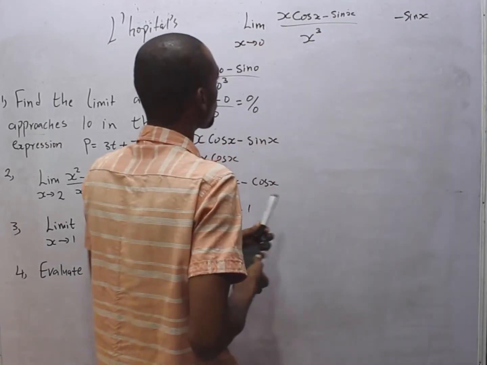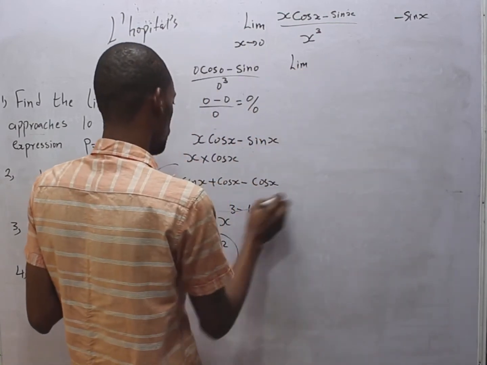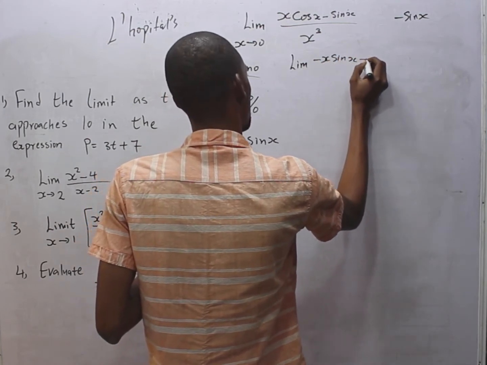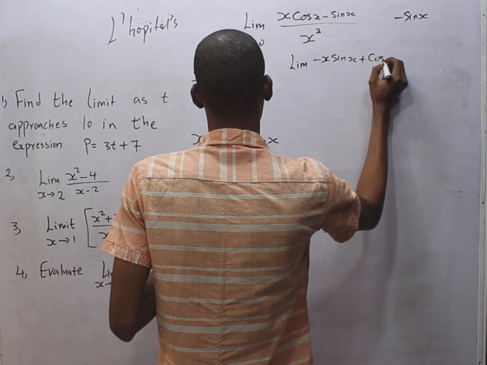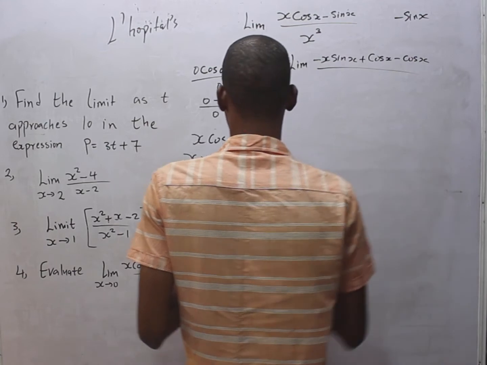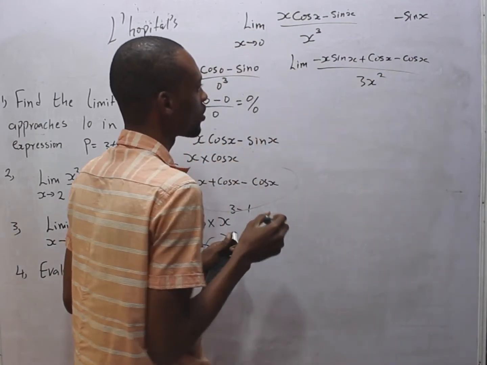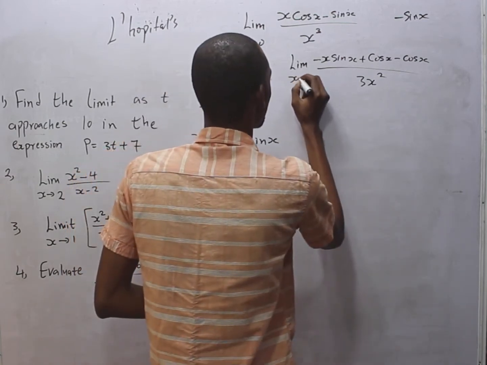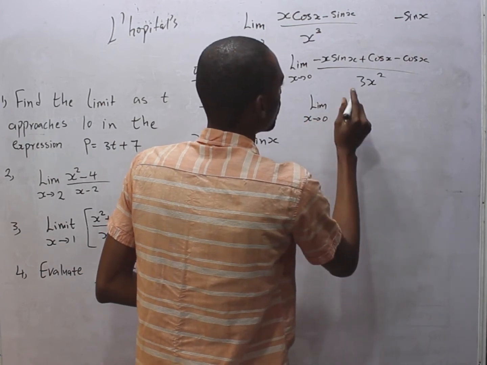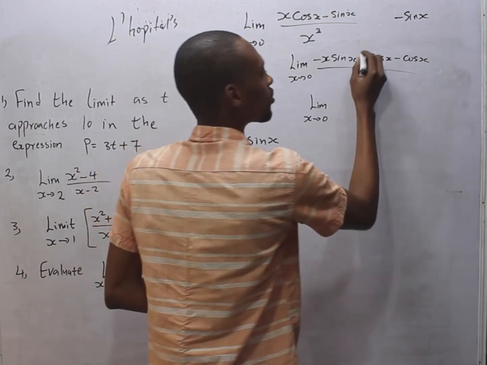So this becomes the limit of minus s sin s plus cos s minus cos s over 3s squared. So this is the same thing as plus cos s minus cos s, which will give you 0.